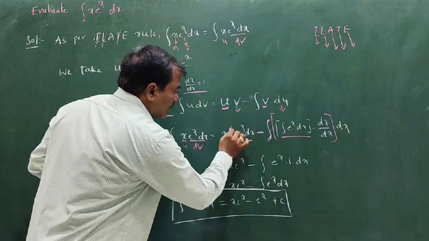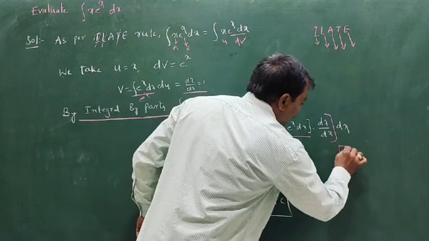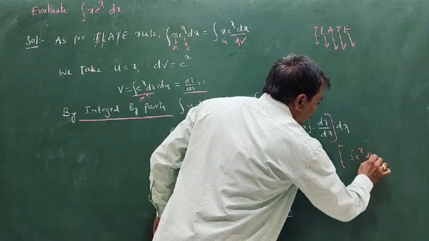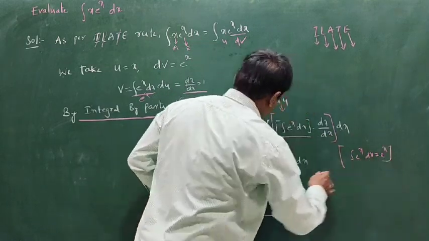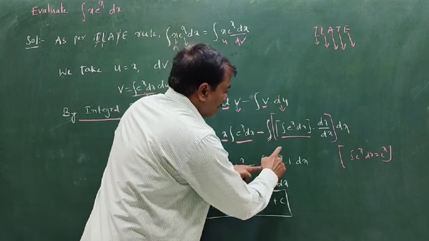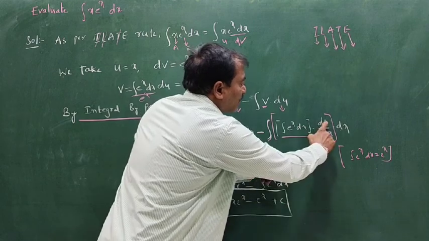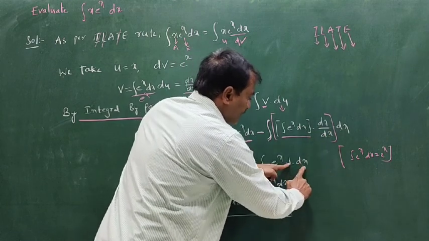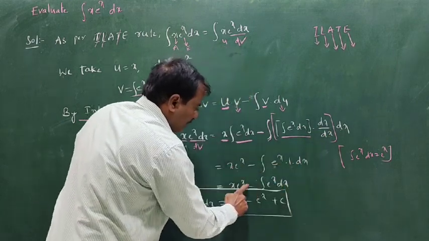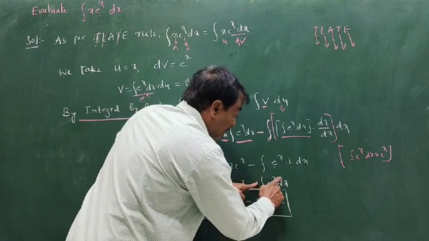Now since integral e power x dx equals e power x, we write it here, minus integral, again e power x, and the differentiation of x with respect to x is 1, and this is dx.